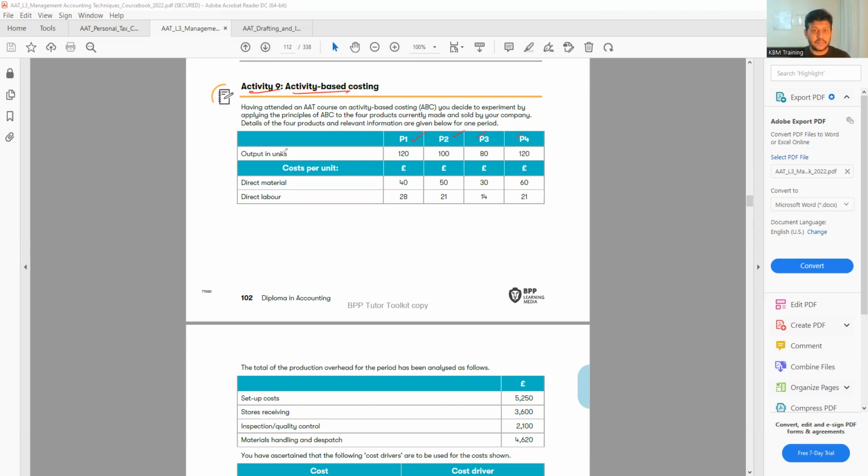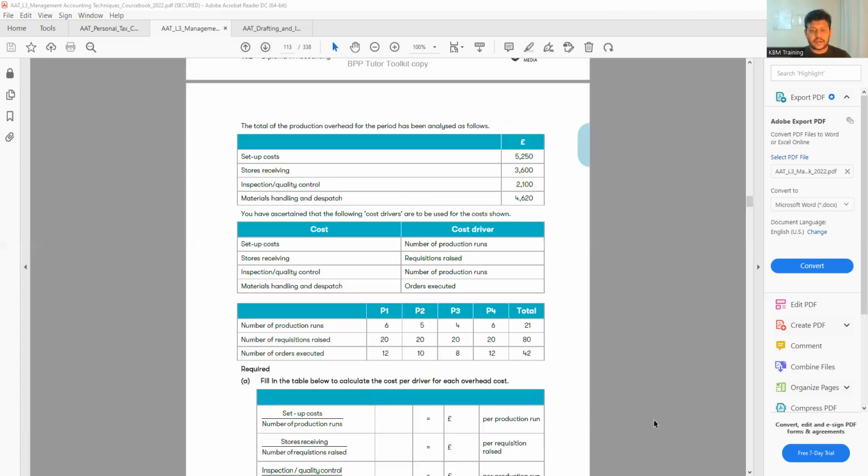Output unit, this is the unit we have produced: 120, 100, 80, and 120. Then the cost per unit, direct material 40, 50, 30, 60, and direct labor of 28, 21, 14, and 21.